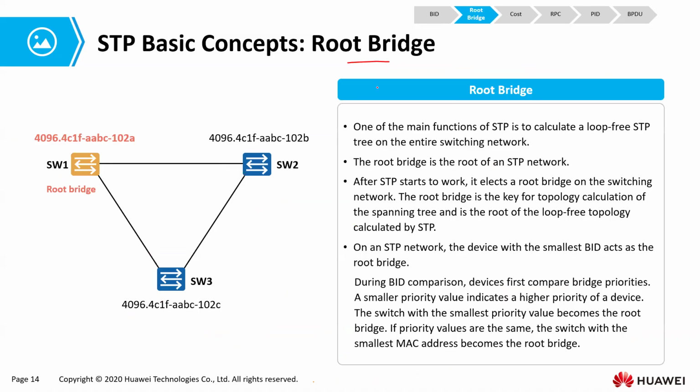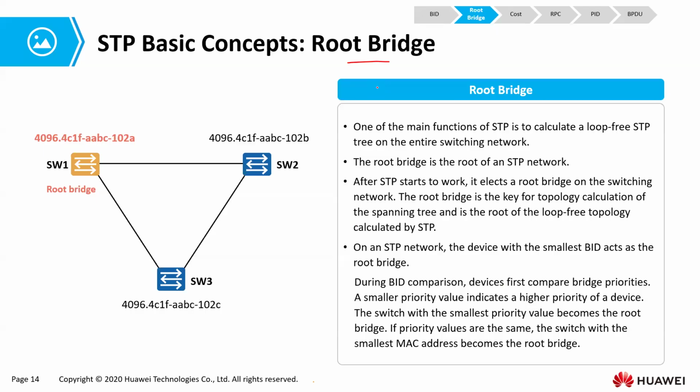What is the root bridge? The root bridge is the focal point of all STP calculations that we have. So for us to see which link we are going to block, it starts by identifying the root bridge. All traffic will come through the root bridge.